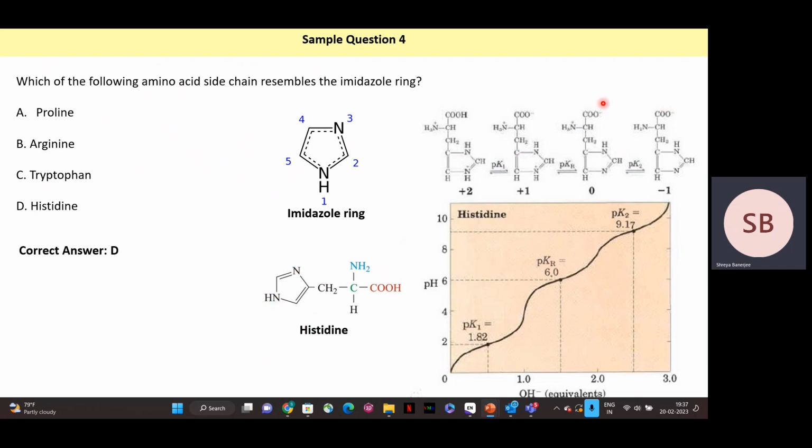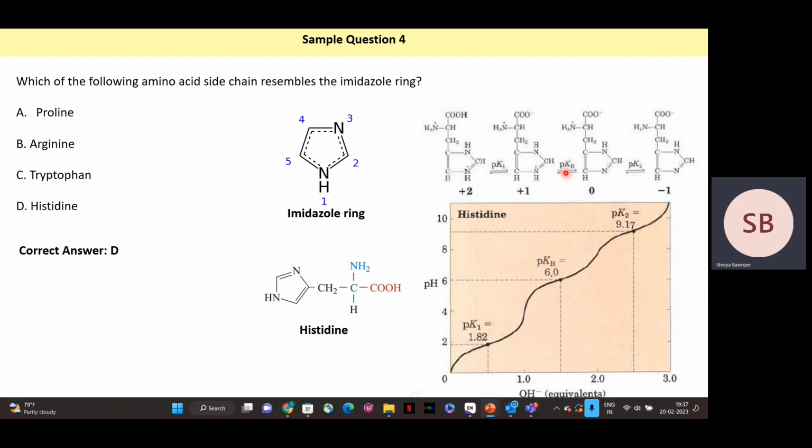So here you have the zwitterionic form of the histidine with the net charge 0. Now, in more basic environments, this NH3+ loses its H and it becomes a net charge of -1. And this happens at pKa values around 9.17.